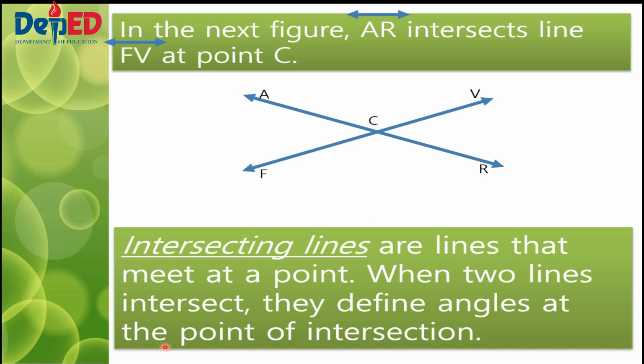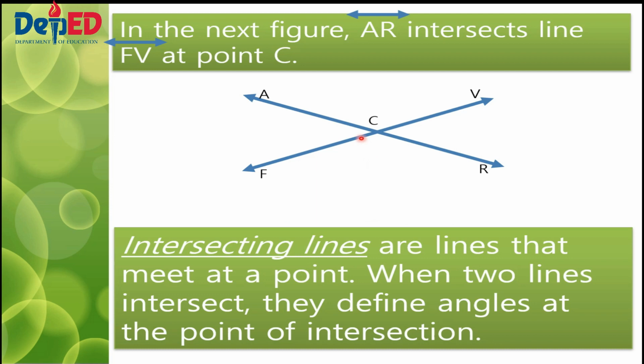In the next figure, line AR intersects line FB at point C. Intersecting lines are lines that meet at a point. When two lines intersect, they define angles at the point of intersection.